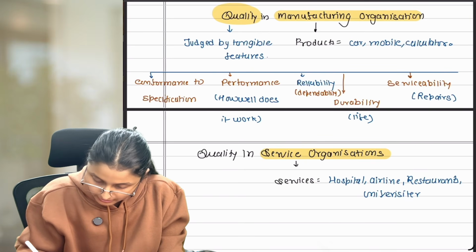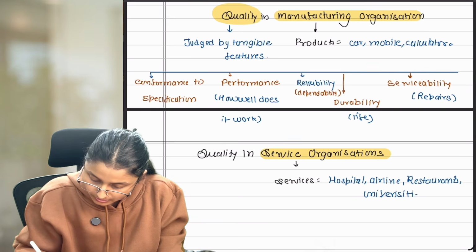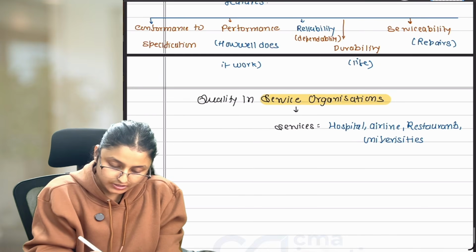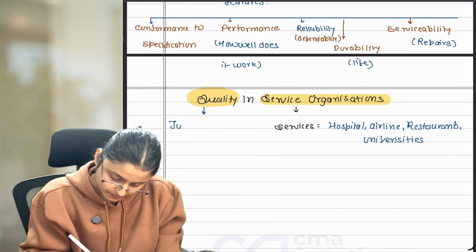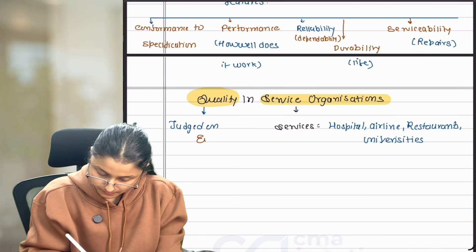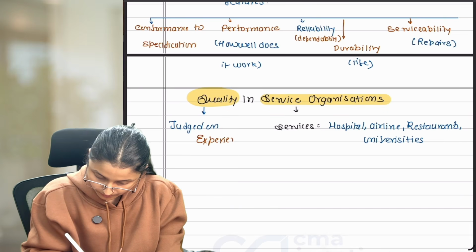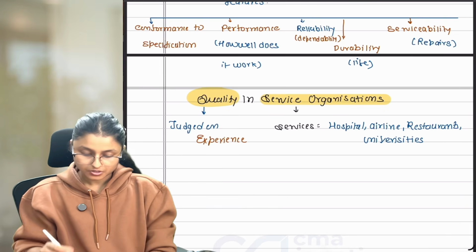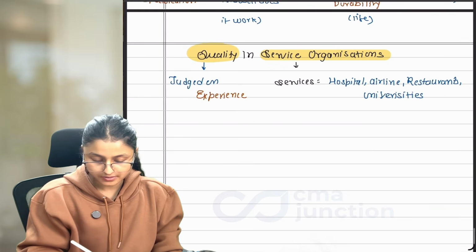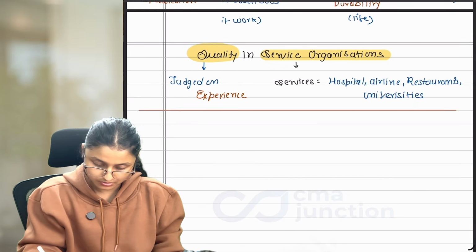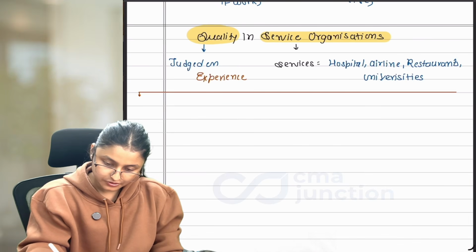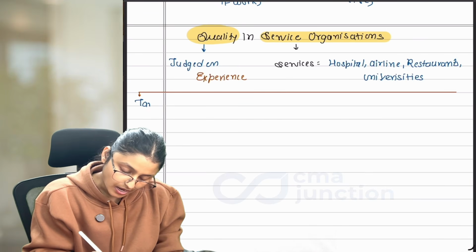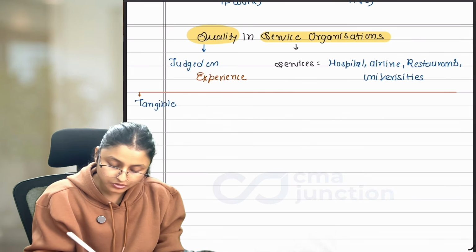And for them, if I want to judge the quality, then it will be judged on the experience, right? Now, to judge the quality of a service organization, you look into some features, like some tangible features, because there are some tangible things which support the service.